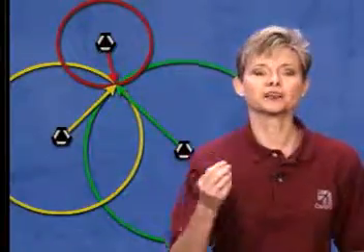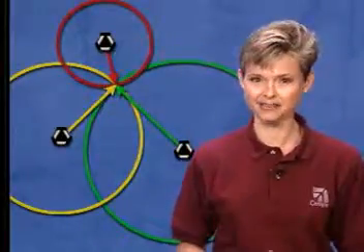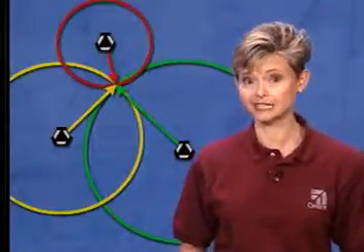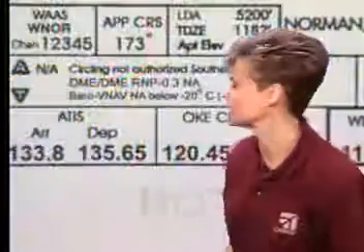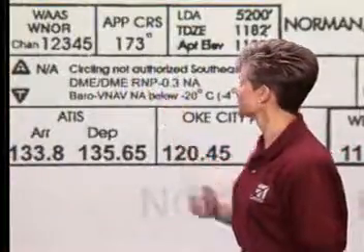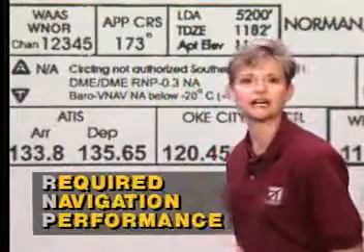The problem is when you get lower, the system might not be able to receive information from enough DMEs to get an accurate position. That's probably why that system is not authorized in this case. The RNP 0.3 refers to the accuracy level of the system. RNP stands for Required Navigation Performance, and the 0.3 tells you that the system would be within 0.3 of a mile of where it says it is 95% of the time. That's the accuracy level you need for approaches.